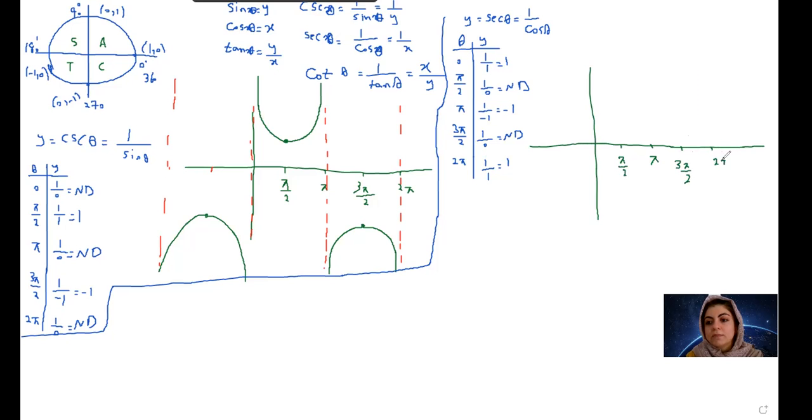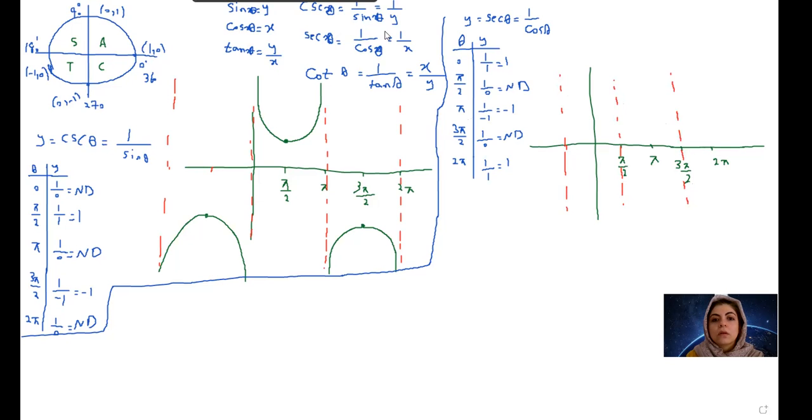I put the asymptotes in red. At 0 it is 1. At pi over 2, we have an asymptote. And at 3 pi over 2 is an asymptote again. I can assume that because of pi over 2, of course, there is also negative pi over 2, because it's symmetric, right? It's going to be negative pi over 2, but it's extra.